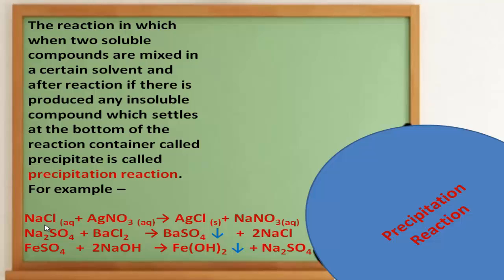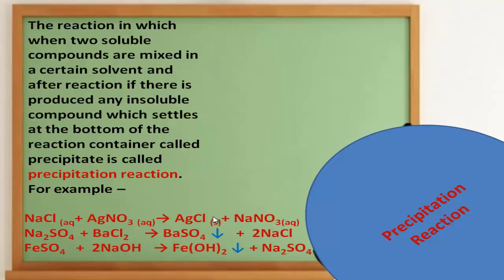When two soluble compounds, here sodium chloride and silver nitrate, both soluble in water, react together, one compound in the product is insoluble in that aqueous solution.